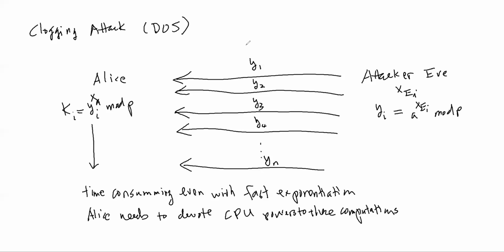Okay, so now how can we counter this clogging attack? The way is to use cookies. Okay, so a cookie is a number generated at random.